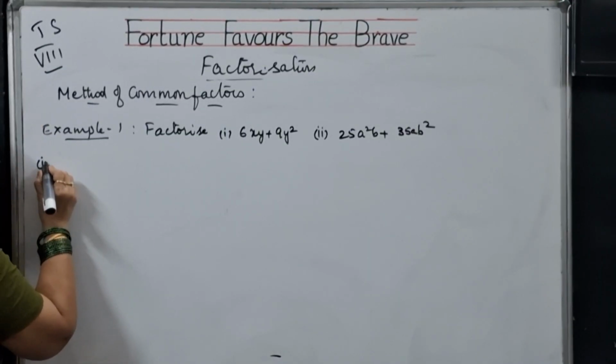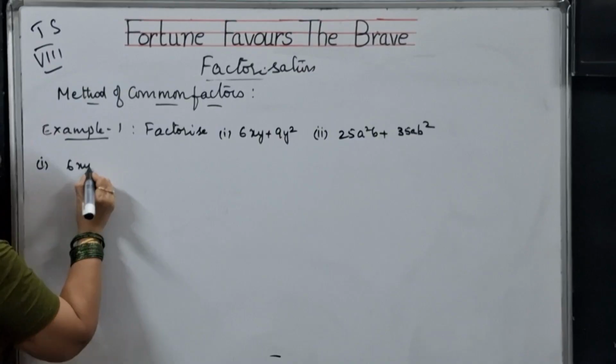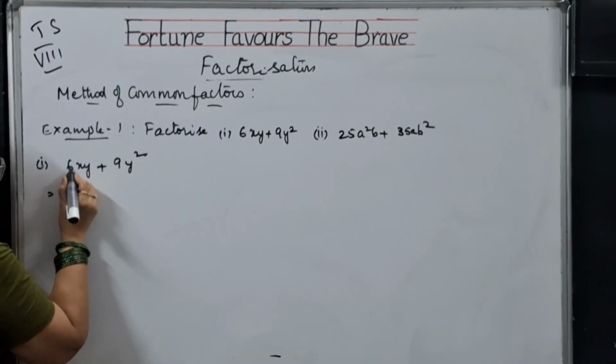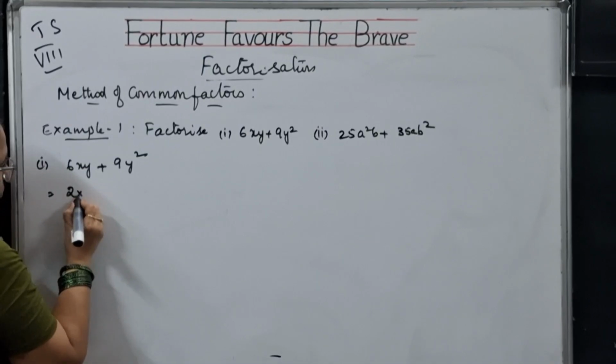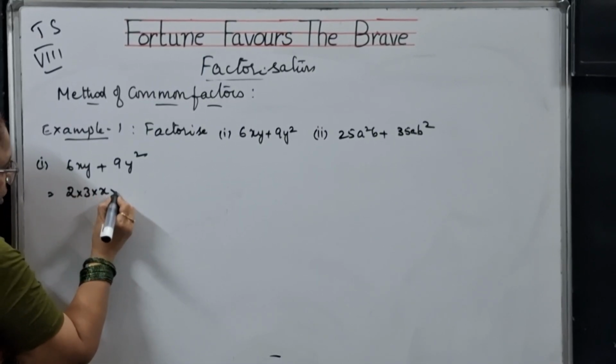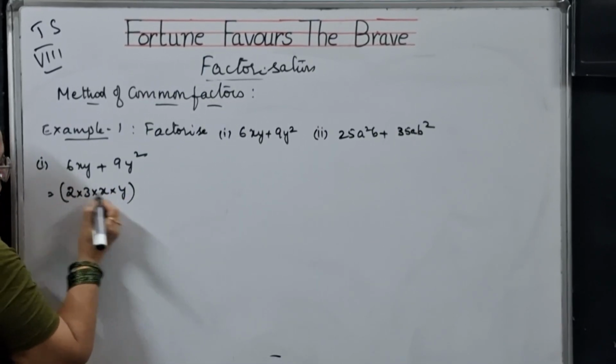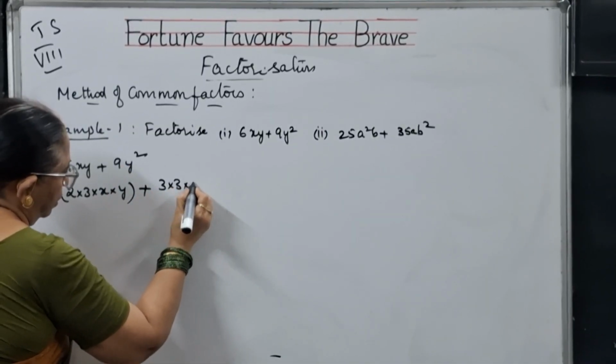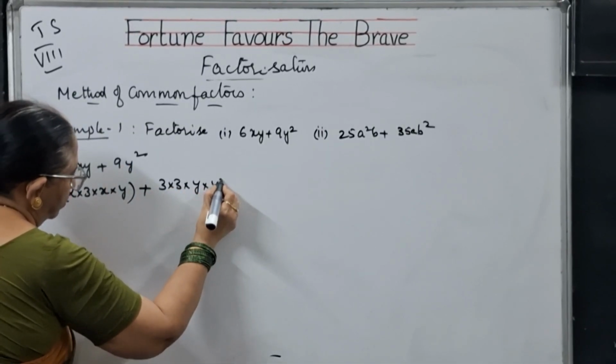So let us take the first one. 6xy plus 9y square. When you find the factorization, 6xy can be written as 2 into 3 into x into y, plus 9y square means 3 into 3 into y into y.